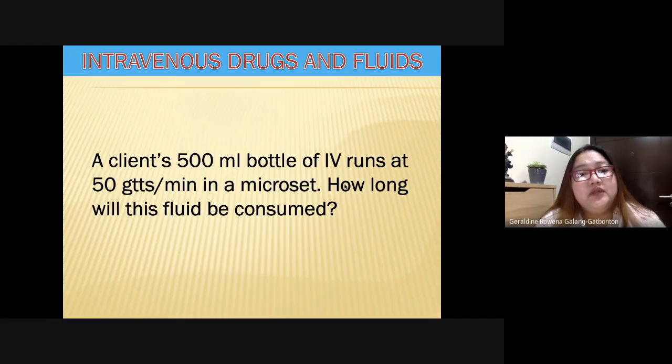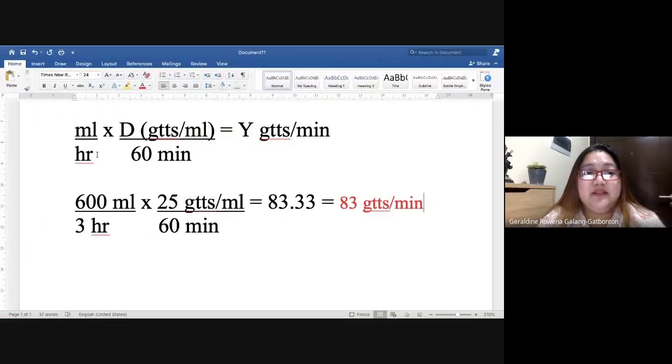Ang tanong, how long will this fluid be consumed? Which means, ang hinahanap natin, yung hour. Ito. Okay, which go back again to the mathematics. Okay, babalik na naman tayo sa mathematics. Yung algebra.